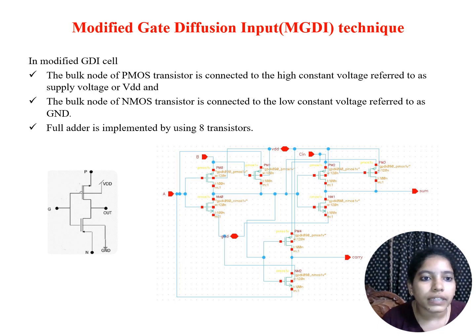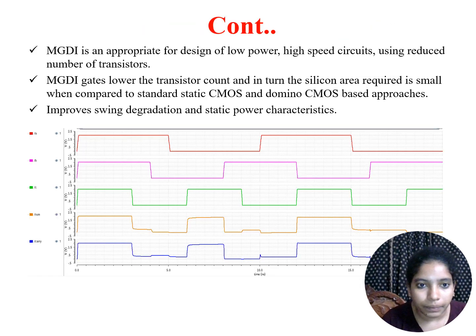In this modified GDI technique, the bulk node of the PMOS transistor is connected to VDD and the bulk node of the NMOS transistor is connected to ground, and a full adder is implemented using 8 transistors with the modified GDI concept, and this is the corresponding output response of this modified GDI full adder.